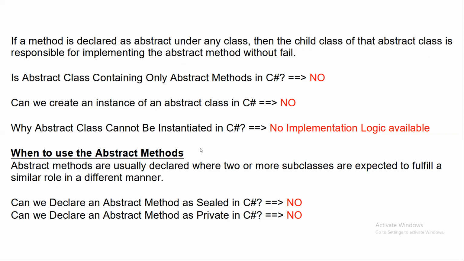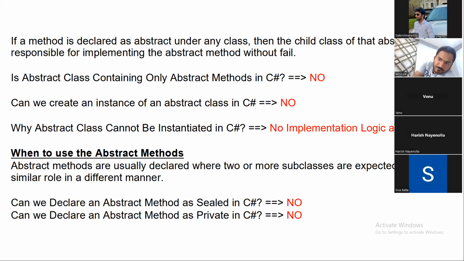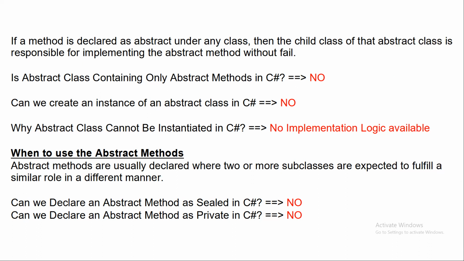Just see whatever I said here. These are all interview questions. That's why I mentioned abstract class is very important actually, and a lot of people ask questions on these abstract methods. If a method is declared as abstract under any class, then the child class of the abstract class is responsible for implementing the abstract method without fail.